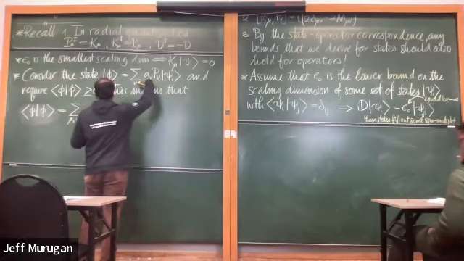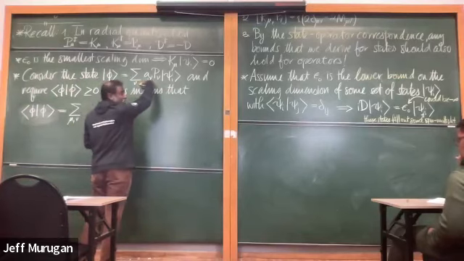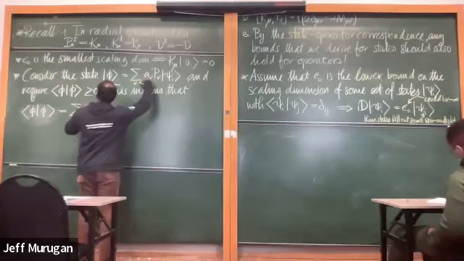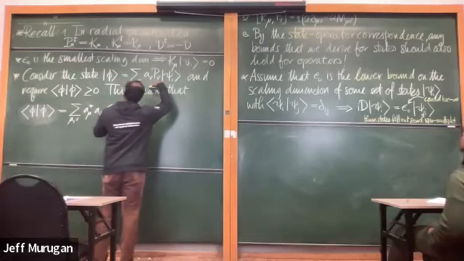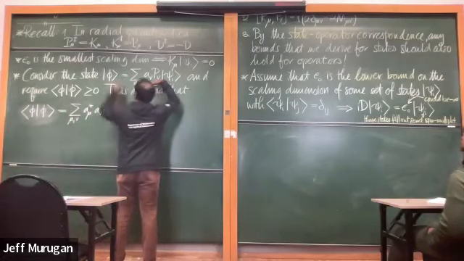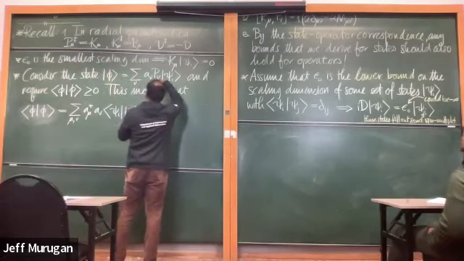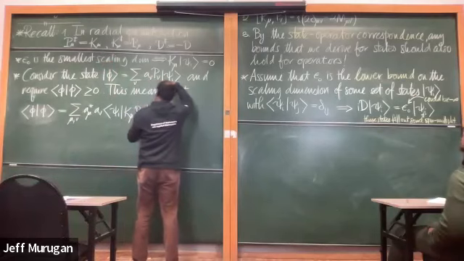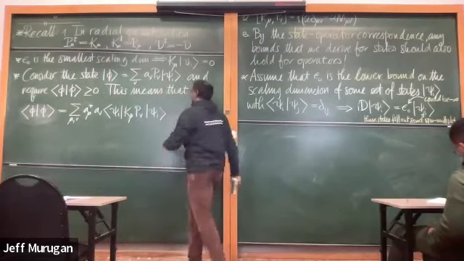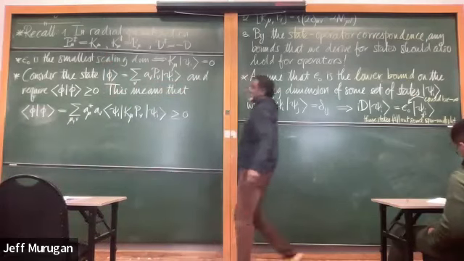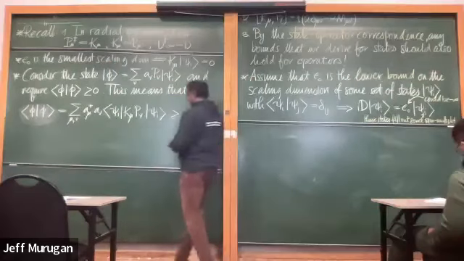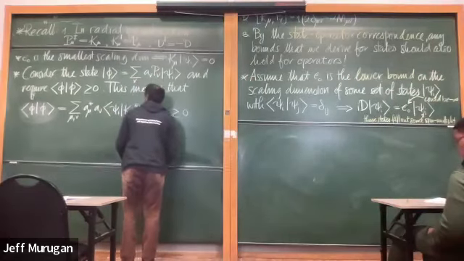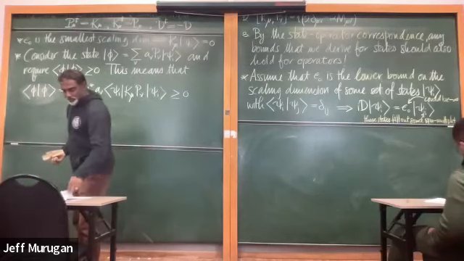The a's are just numbers, but when I conjugate them, I'm taking complex conjugates. So this would be something like a mu star a nu, and then I conjugate this side, psi i. If I conjugate the P, I get K mu, and then I have the P nu from here, psi i. And I require that this thing be non-negative for all the coefficients a, which means that this matrix in here must be non-negative.